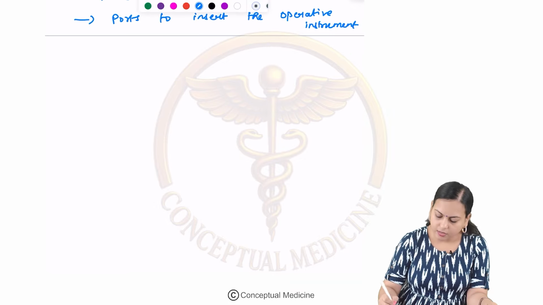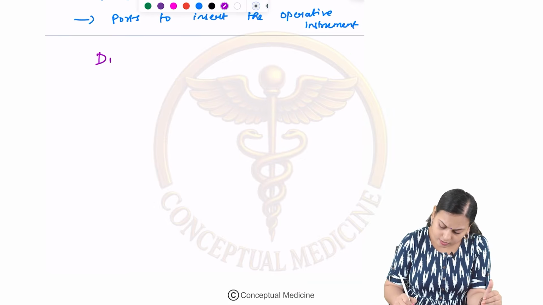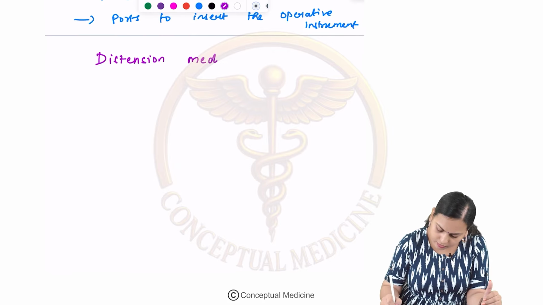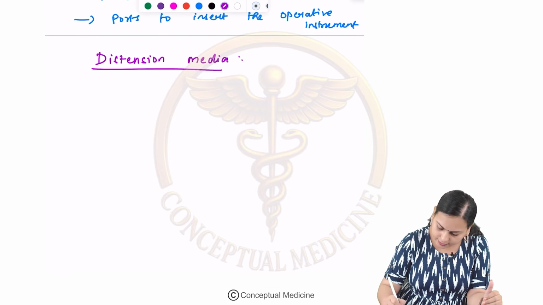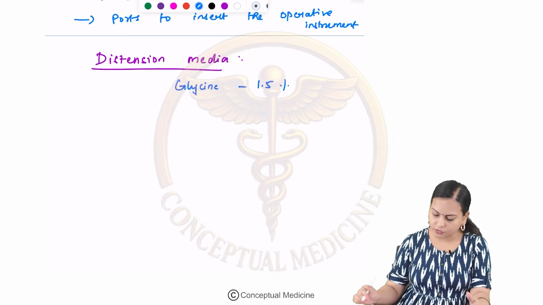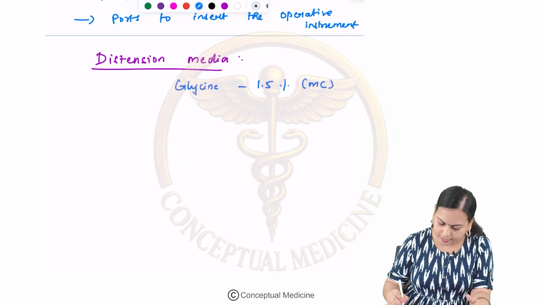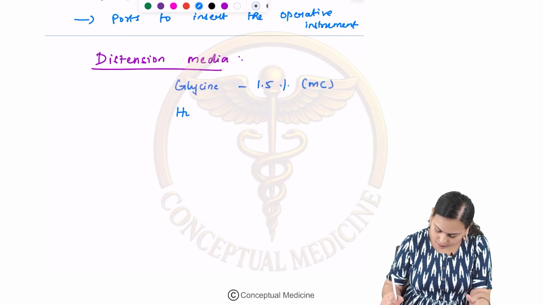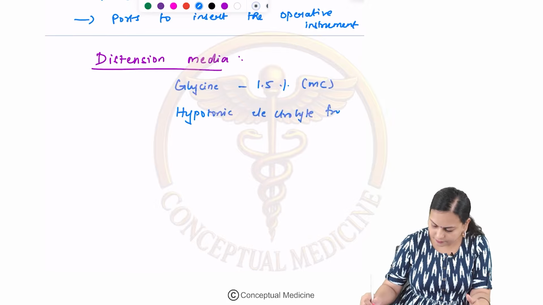Okay, and the distension media used is mostly glycine, that is 1.5%, which is most commonly used, and this is a hypotonic, electrolyte free distension media.